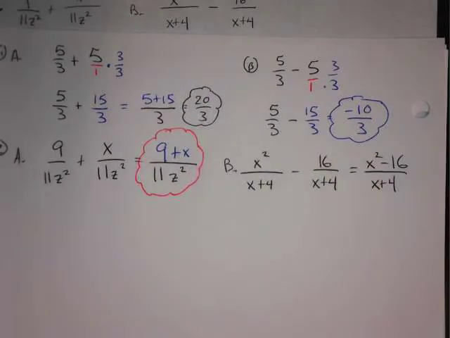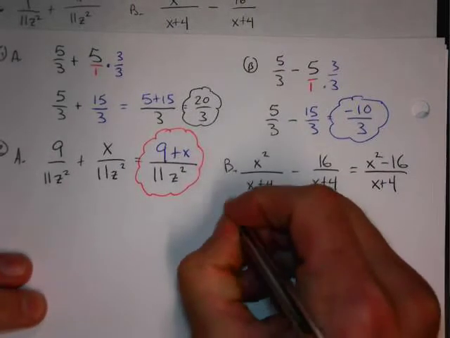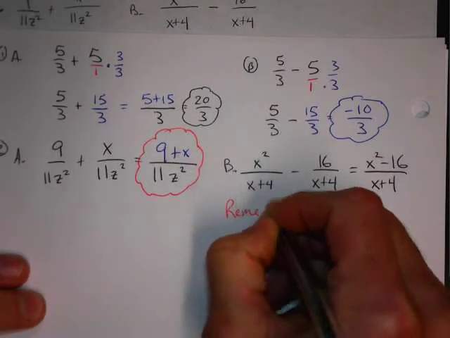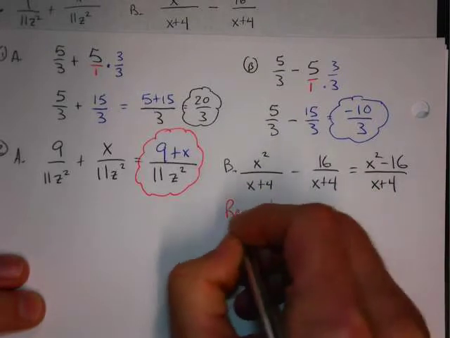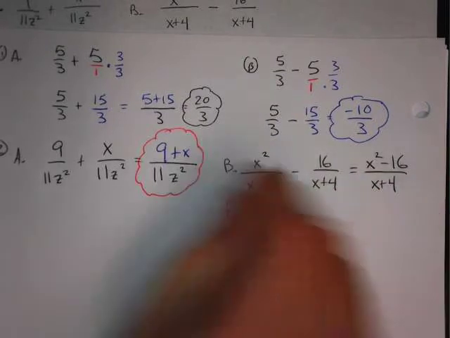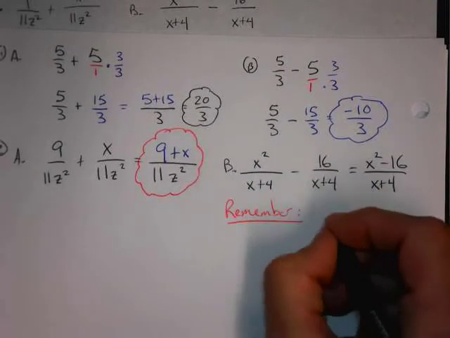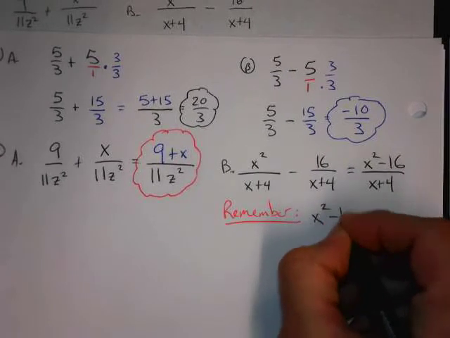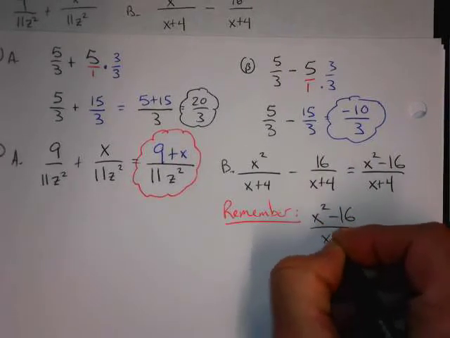Now you may think, can we do anything with x squared minus 16? And you might intuitively think, no, we can't, because we can't combine them. They're not like terms. But then we have to remember simplification. We best recognize what's going on. You have to recognize stuff from the previous units.